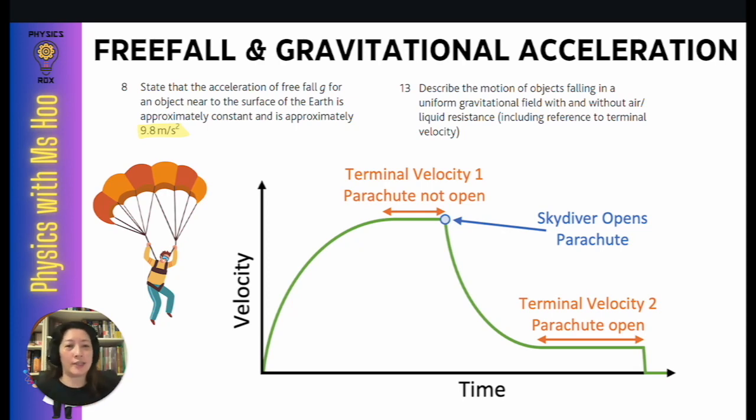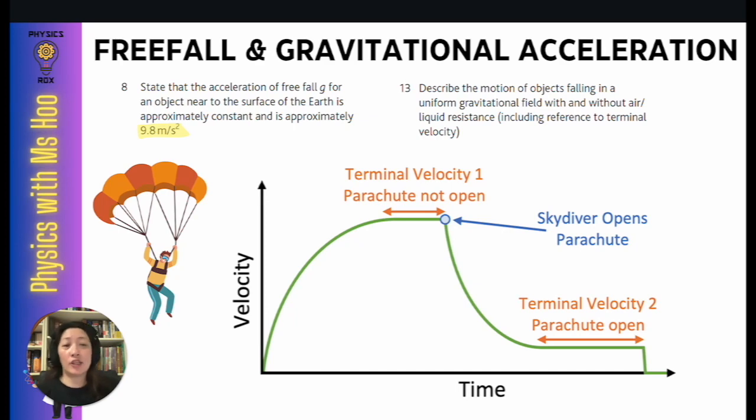You also need to be able to describe the motion of objects falling in a uniform gravitational field with and without air or liquid resistance, and you must also know how to refer to the terminal velocity. So for this particular kind of question, you do need to recognize the graph and you need to identify what's happening to the falling object at different points on the graph.